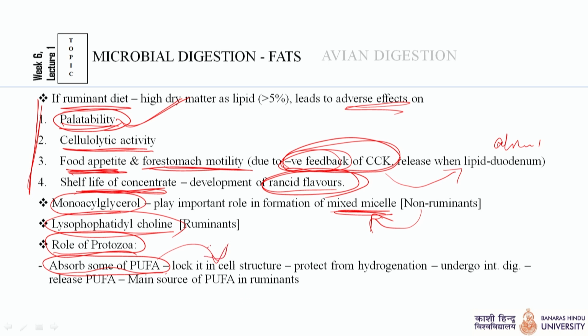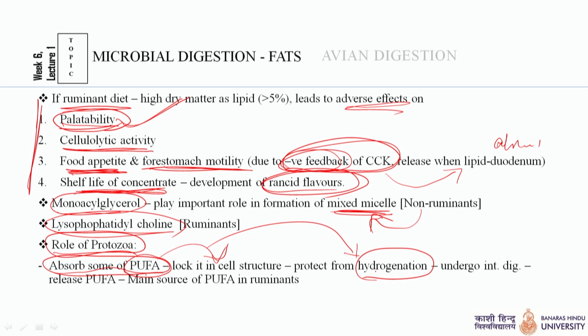As it locks them in, it protects those polyunsaturated fatty acids from the hydrogenation process in the rumen. Otherwise, the hydrogenation process would just break down the polyunsaturated fatty acids, right? So escaping hydrogenation is very, very important, and the protozoa help in this aspect.